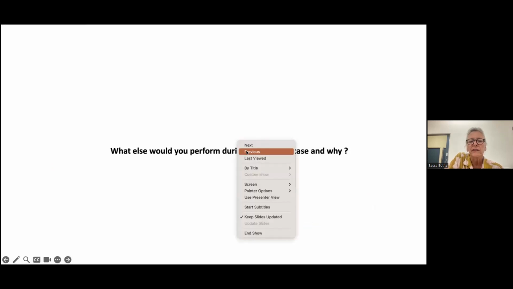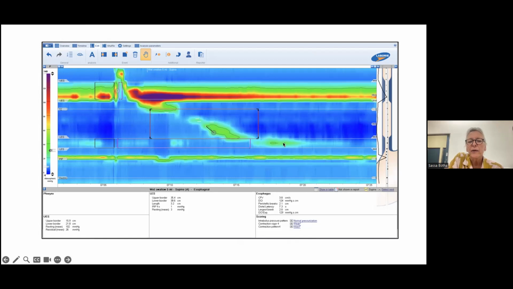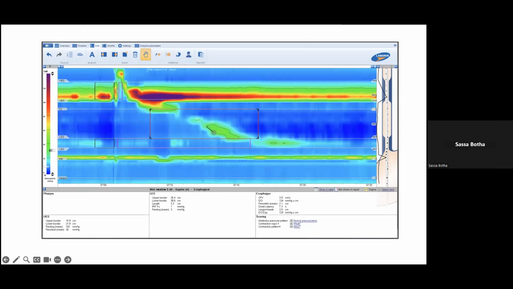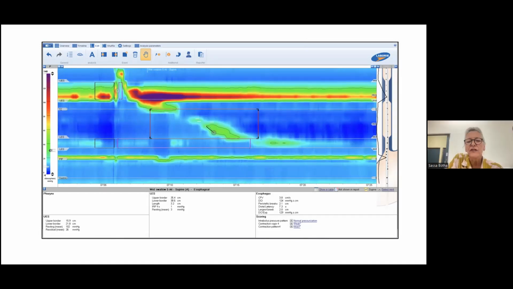No, previous. Let me just go back. Okay, so what would this be? So here's your peristaltic contraction, and what would this be? Is that the opening of that hiatus hernia? No, that is your... Okay, let's start here. So here you swallow, and then what happens here?